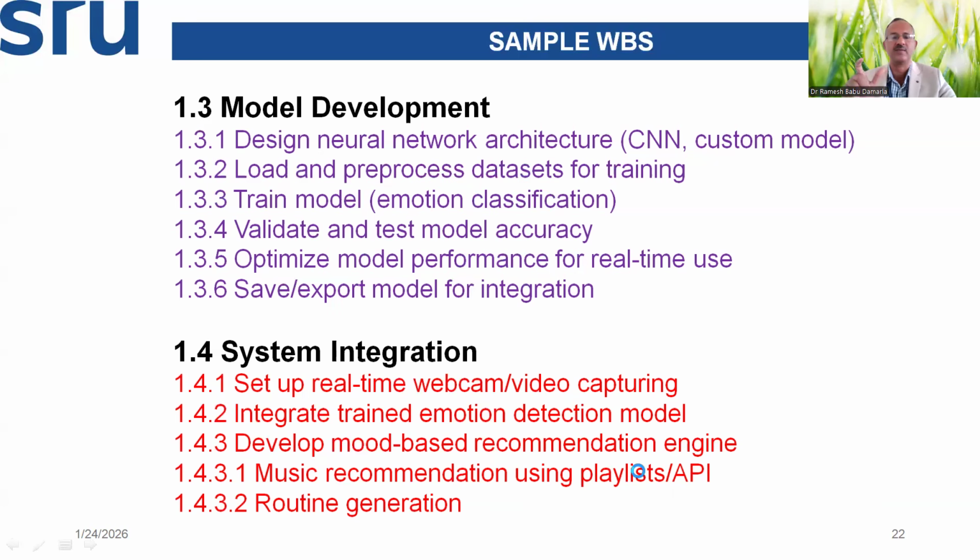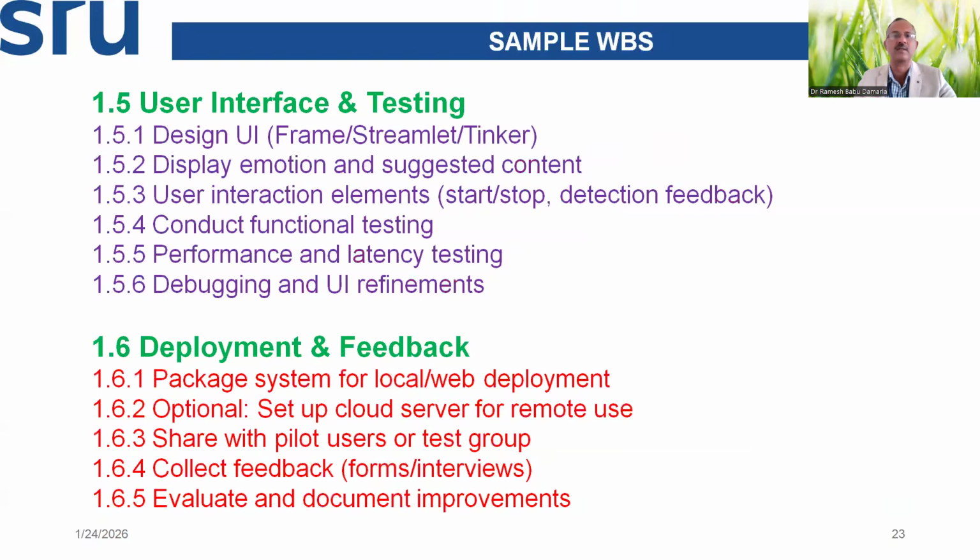So there is clarity of what is to be done with each task. Then 1.5, which is further work in the project, like user interface and testing. Under this: design the UI, display emotion and suggested content, the user interaction elements, conduct functional testing, performance and latency testing, debugging and UI refinements. So there are 6 sub-elements under 1.5.